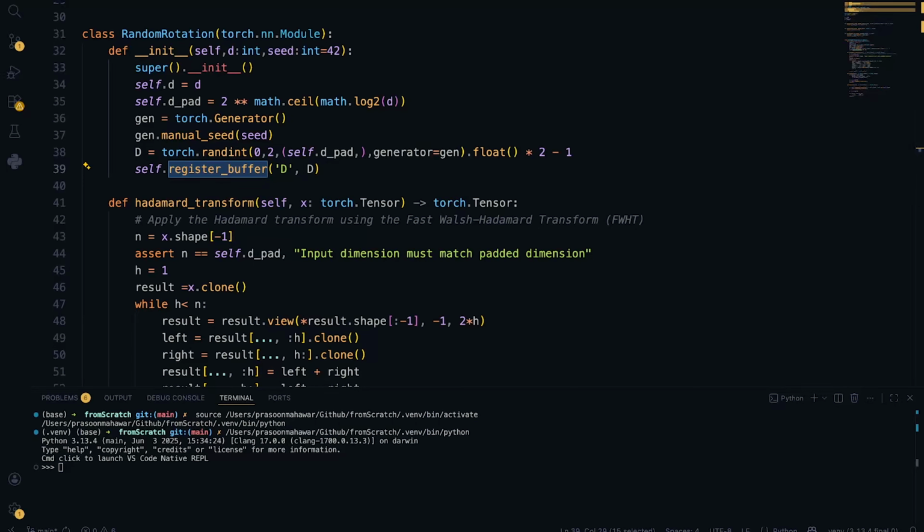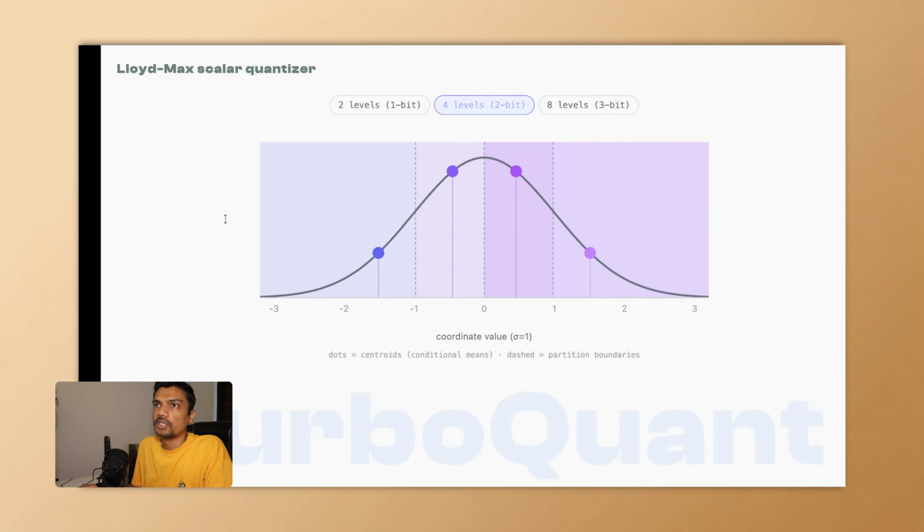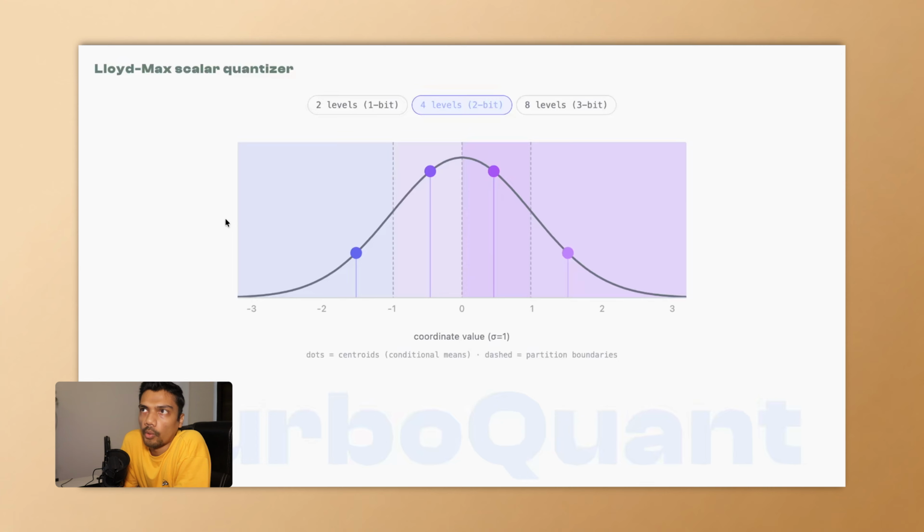The padding to the next power of 2 is necessary because the Hadamard transform requires dimensions that are powers of 2. We pad with 0 and unpad after the inverse.